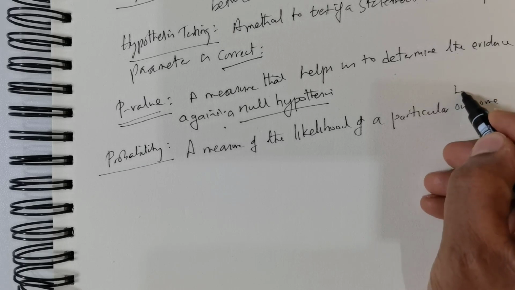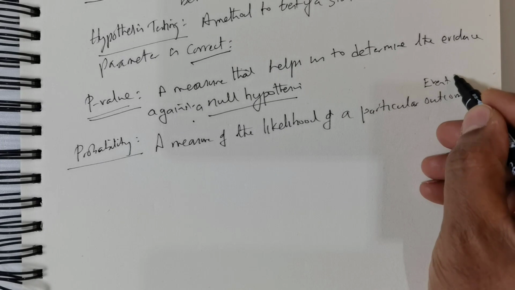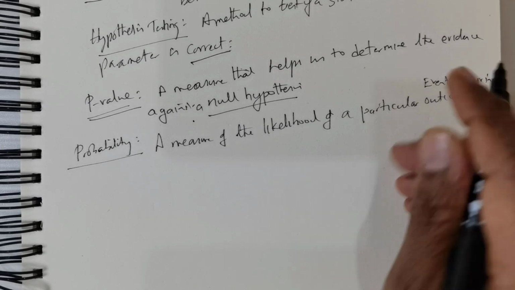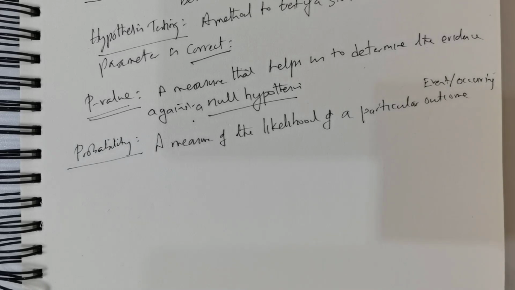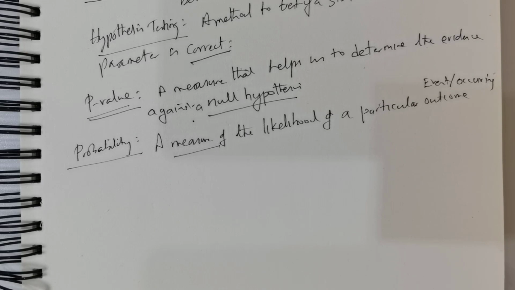So when you say outcome, it can be an event occurring. So what is the probability that tomorrow there is going to be sunshine? So that is the measure. You can give 50% chance or 60% chance. So that is with regard to percentage. But when we talk about probability, we will assign a quantity, a numeric value.